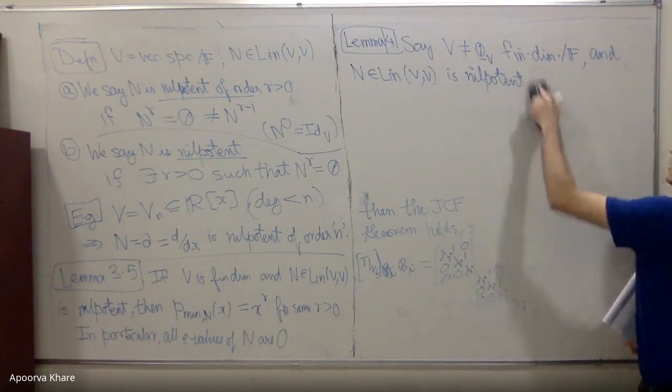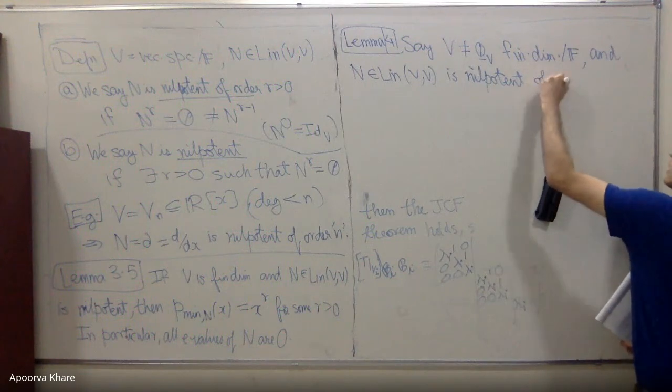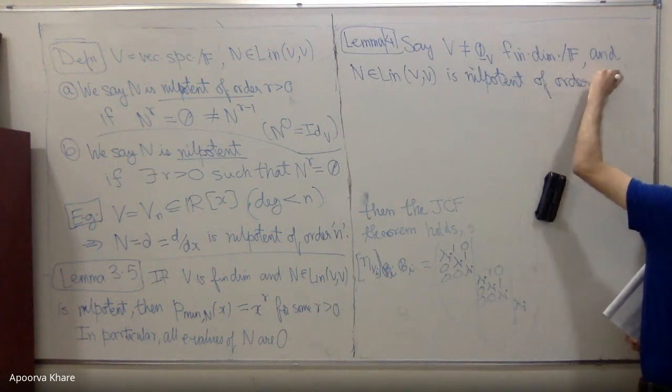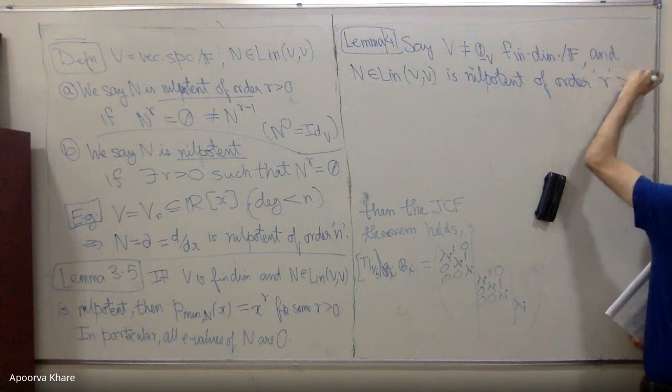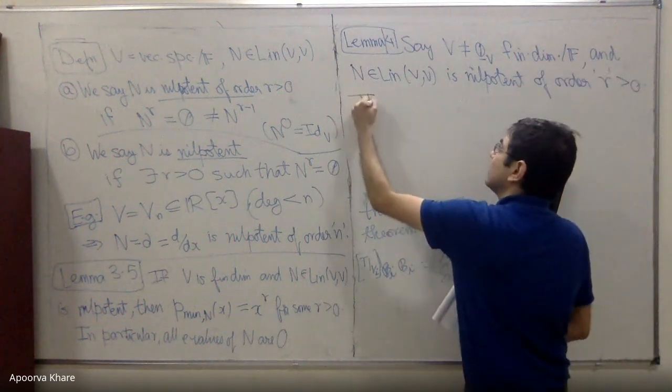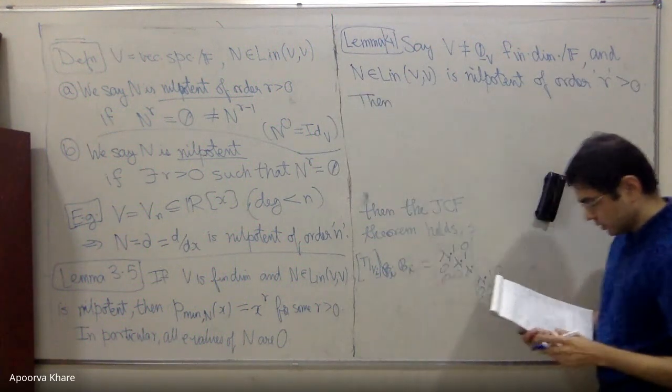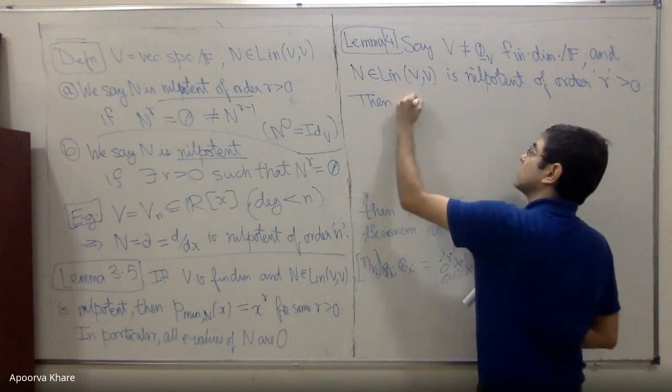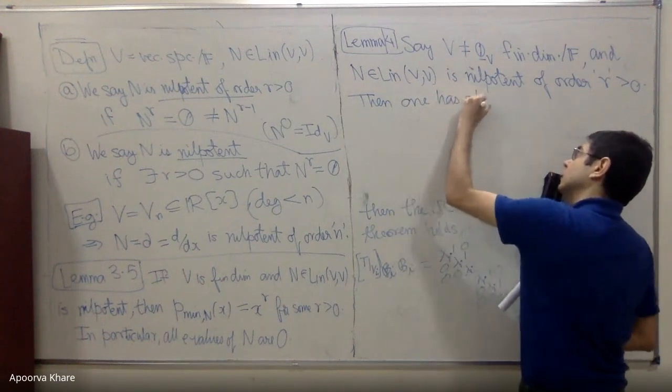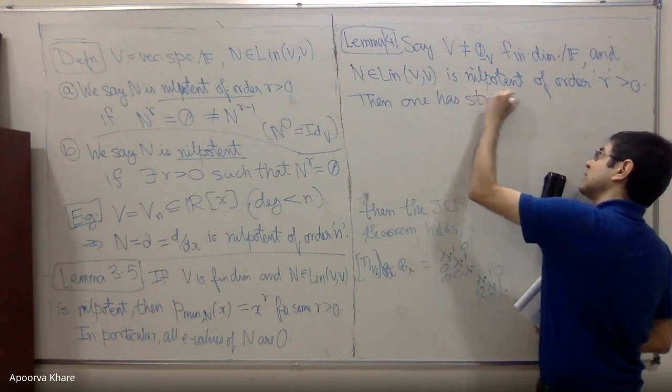Of order R. Of course, then one has strict inclusions between a bunch of different subspaces.